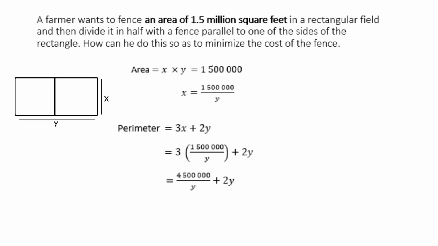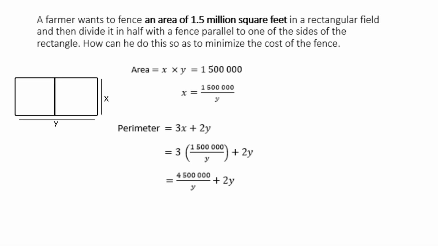P equals 3x plus 2y. Then replace the x in the formula, which is 3 times the bracket of 1,500,000 over y, plus 2y, which equals 4,500,000 over y plus 2y.